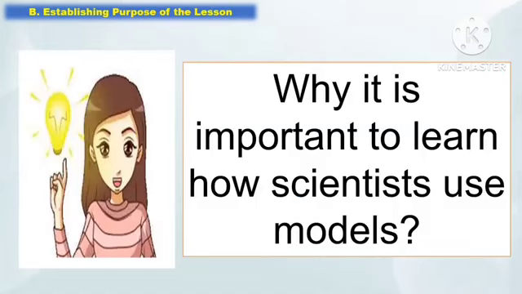The second part of the lesson under the Matatag curriculum is establishing purpose of the lesson. So here, the teacher will ask another question to the students. Why is it important to learn how scientists use models?